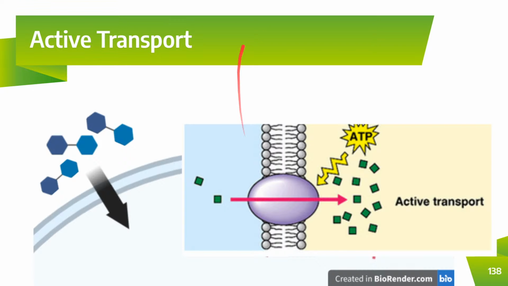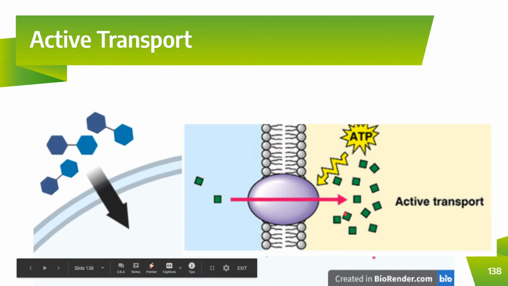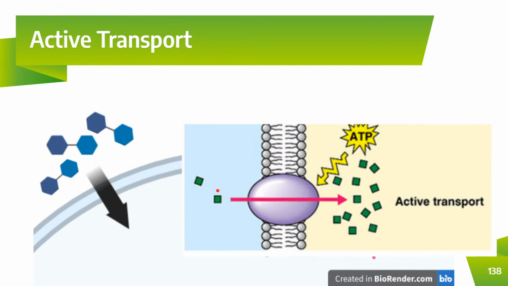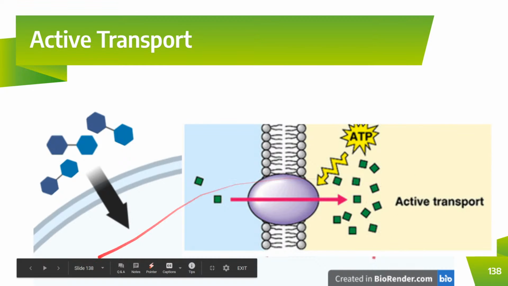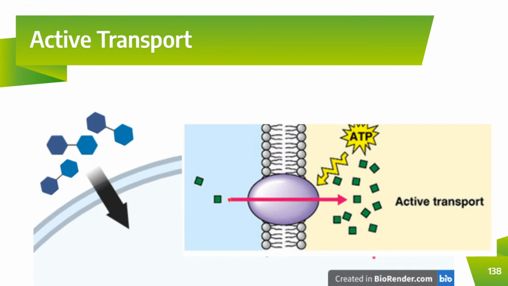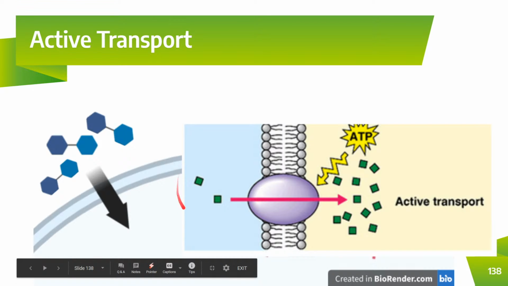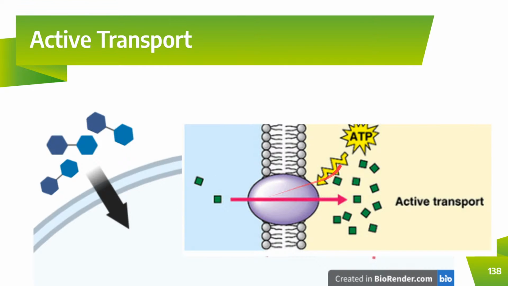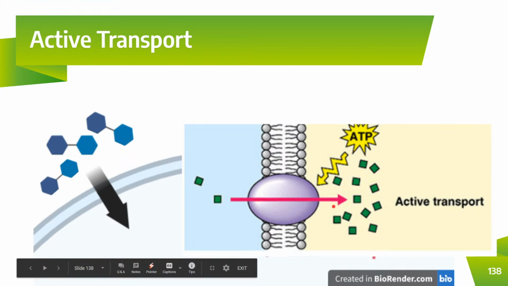So if you look at the right picture, there are many molecules on the right and few on the left. If it were passive transport, it would go from right to left if we were just a hole. But since it is active transport, even those two molecules on the left, under the use of energy, will be transported to the right to increase the concentration.